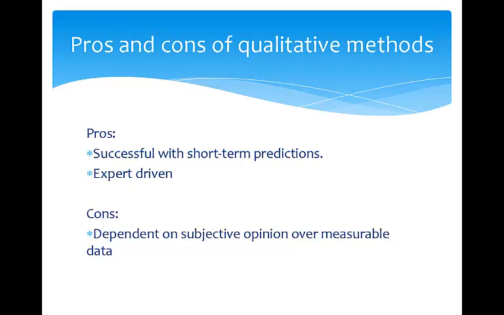In other words, they depend on market movements or the market as a whole to weigh in with an informed consensus. Qualitative forecast methods can be useful in forecasting the short-term success of companies, products and services, but have limitations due to their dependence on subjective opinion over measurable data.